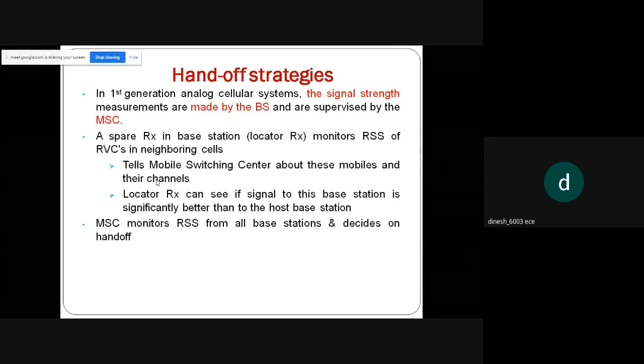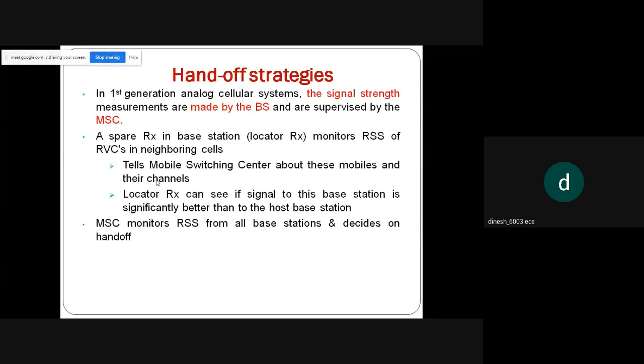In first generation cellular systems, the signal strength was measured by the base stations and supervised by the mobile switching centers. Signal strength determines your handoff. A spare or additional receiver in the base station, called a locator receiver, monitors the received signal strength of RVCs in neighboring cells.